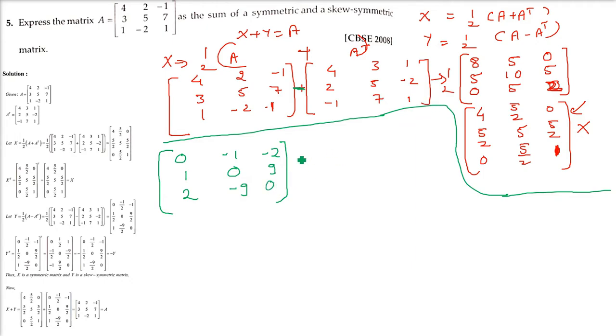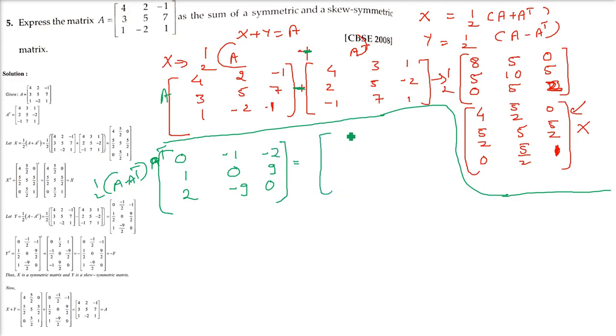Okay. Now, what we have got, this is your A, this is your A minus A transpose we have computed up till now. So A minus A transpose is this one. But in order to find Y, we have to divide it by 2 also, half. Now divide it by 2.